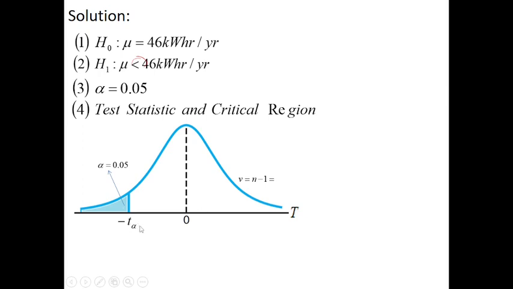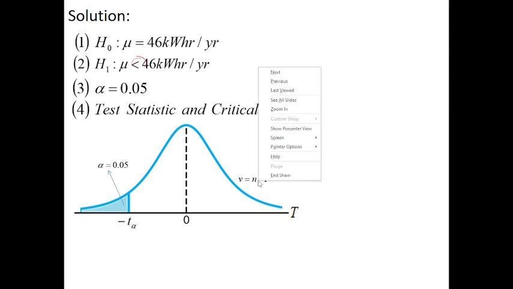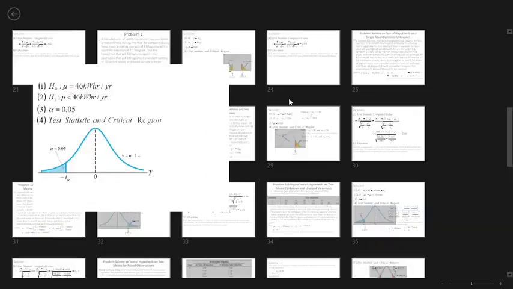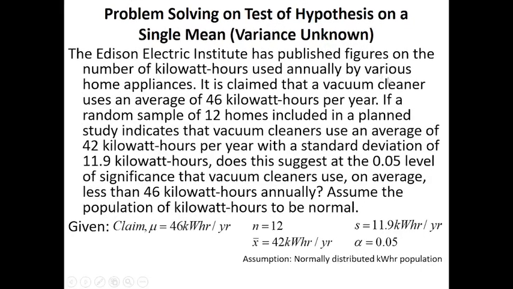We have to consider the number of degrees of freedom. What is the value of n in our problem? I think 12. So we have n, 12 homes.